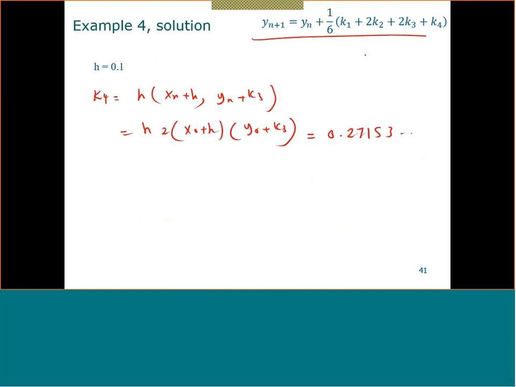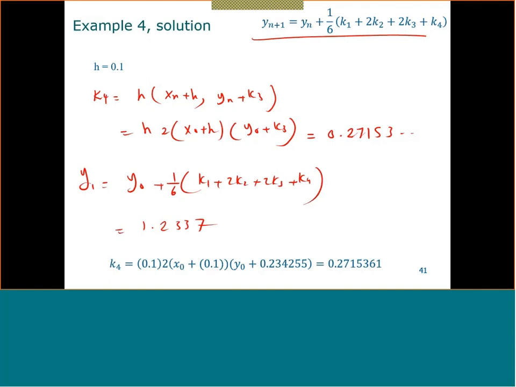Now we are set to substitute the value for yn. y1 will equal y0, the initial condition, plus 1/6 times (K1 plus 2K2 plus 2K3 plus K4). Now we have everything, and this is equal to 1.2337.